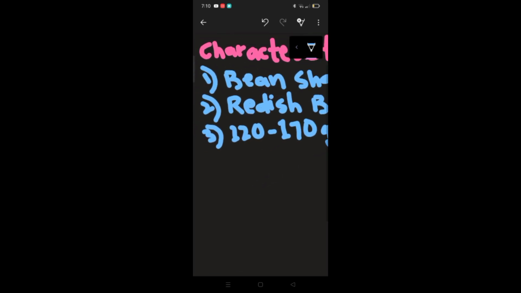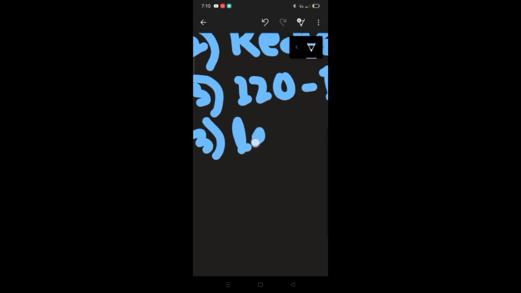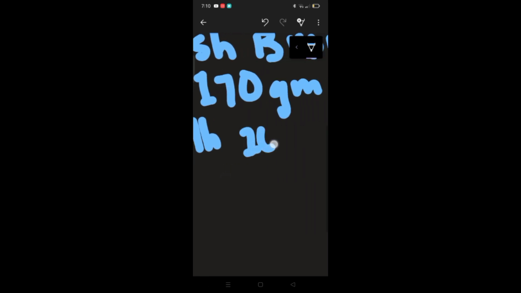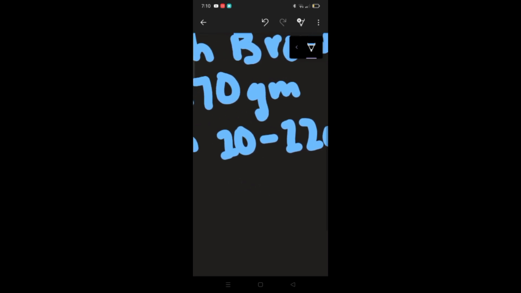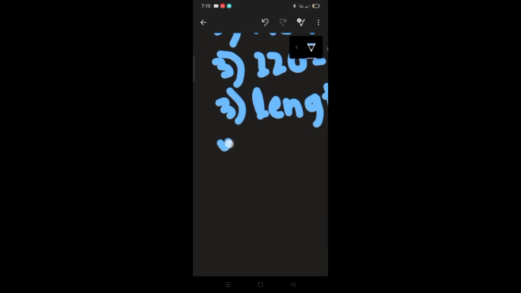Next characteristic is the length. Length of the kidney is 10 to 12 centimeter. Then next we have the width of the kidney.